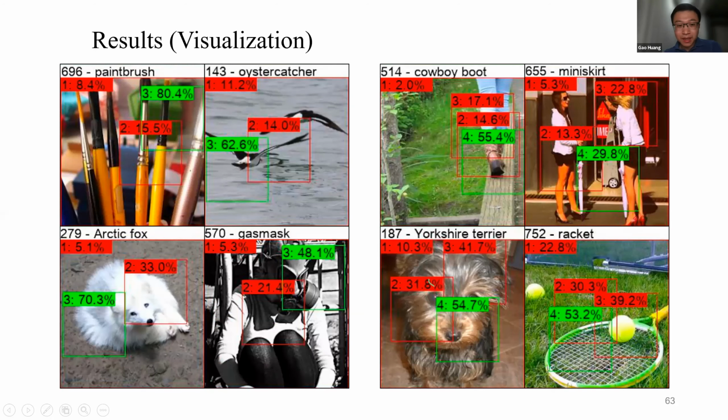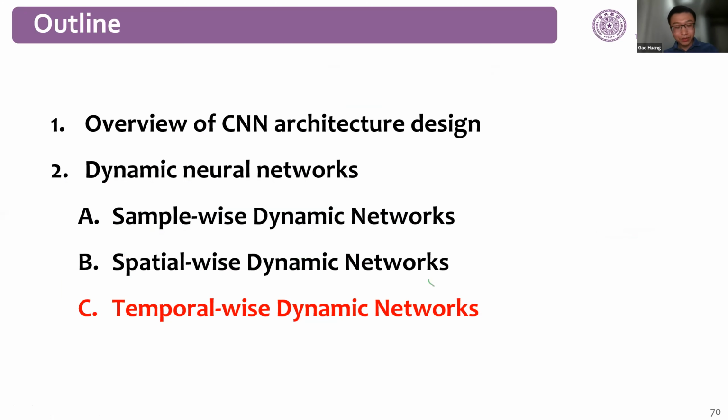Finally, I will briefly introduce some of our recent work on applying dynamic neural networks to videos. That is, we can have many dimensions to perform dynamic computation, such as the temporal one.